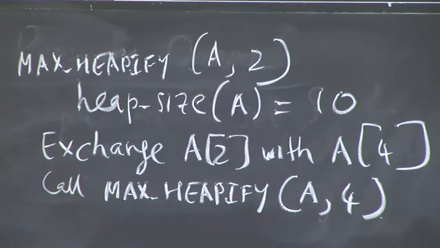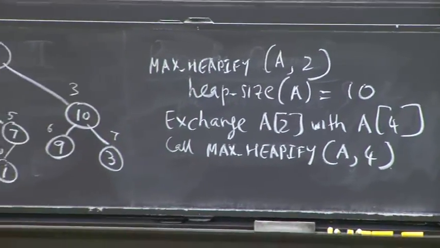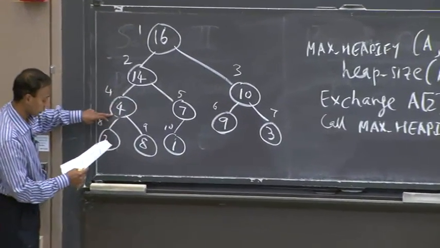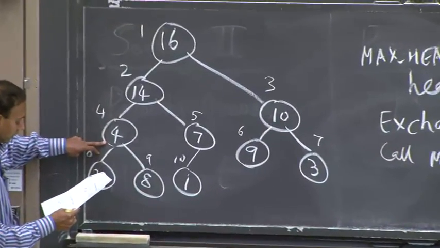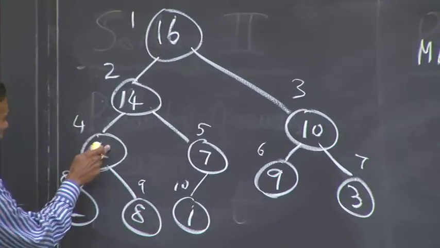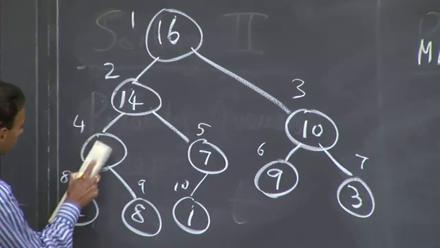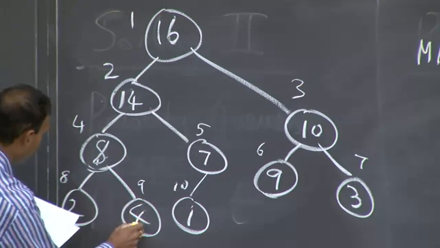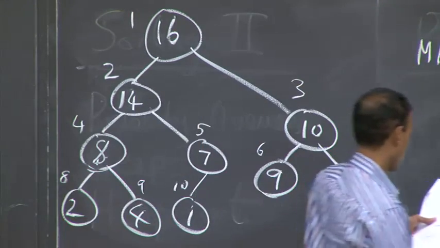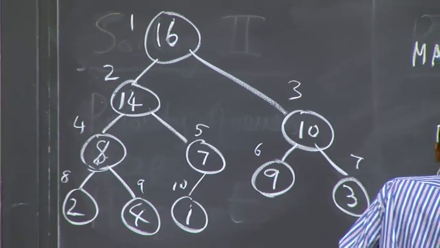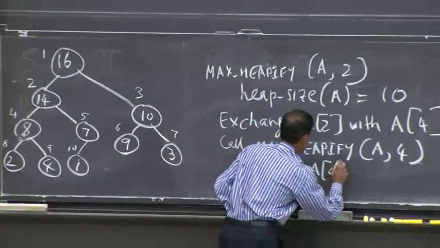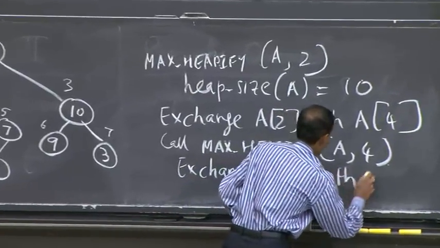When that call happens, you're going to look at the two children corresponding to this little subtree, and you're going to do the exchange, so you'll have 8 here and 4 here. So you would exchange A4 with A8.